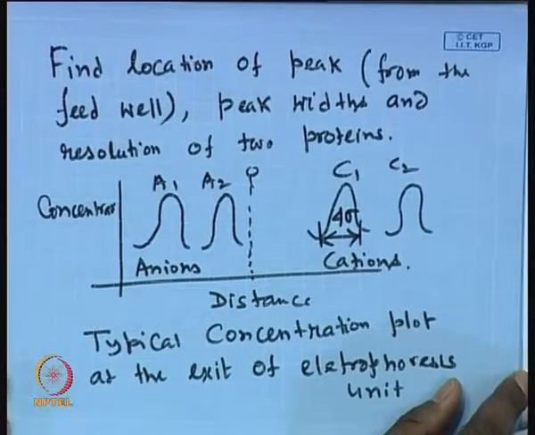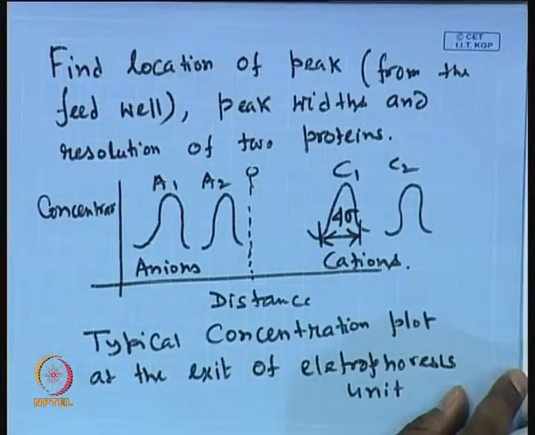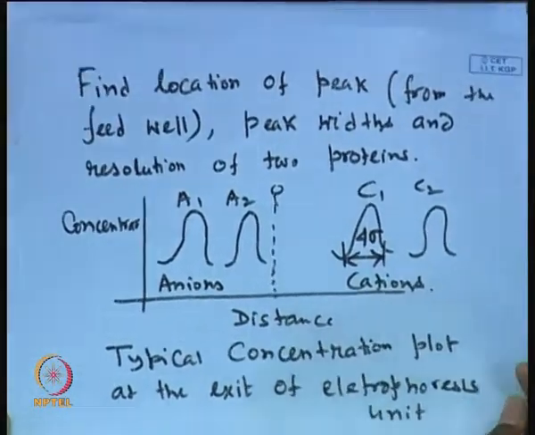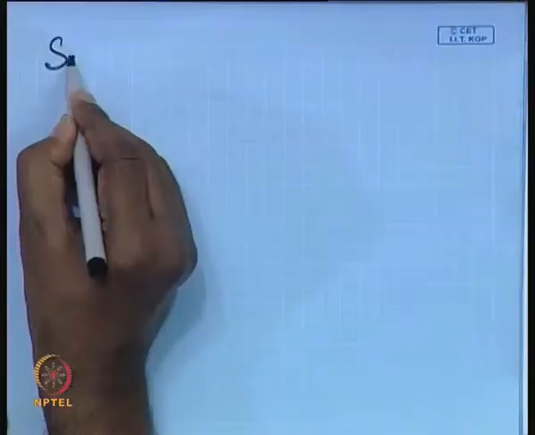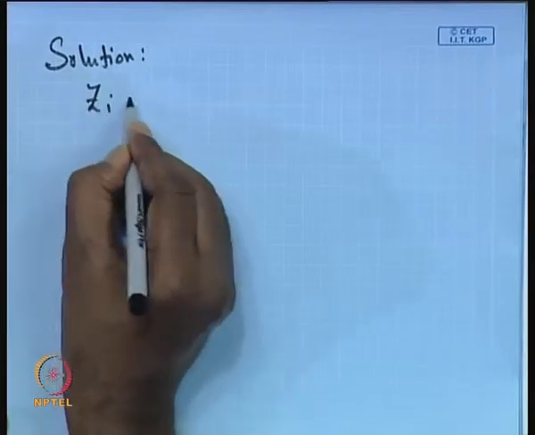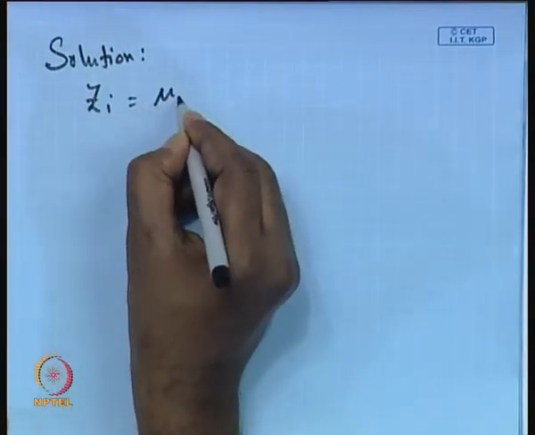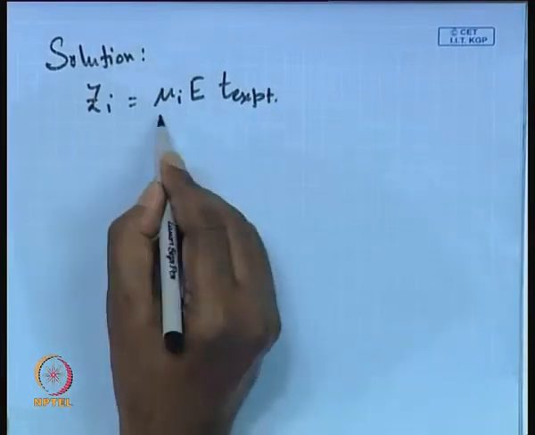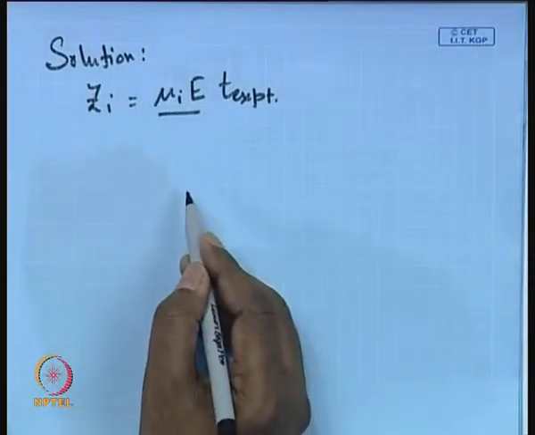Okay. Now, let us get down to the calculations. Z I is mu I E T experimental. Mu I E is nothing but the electrophoretic velocity.